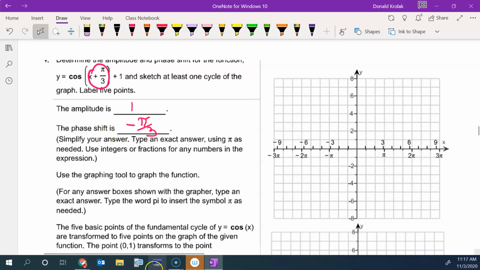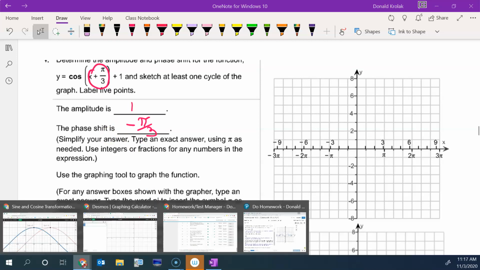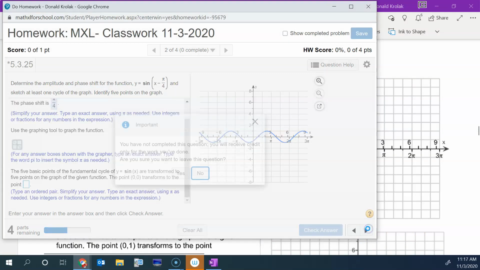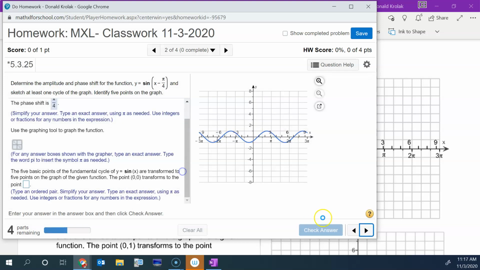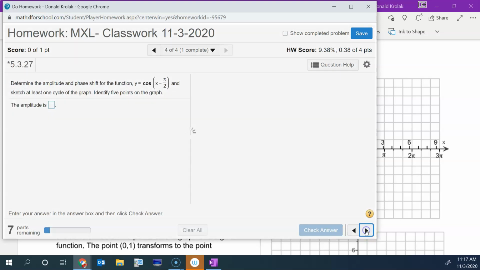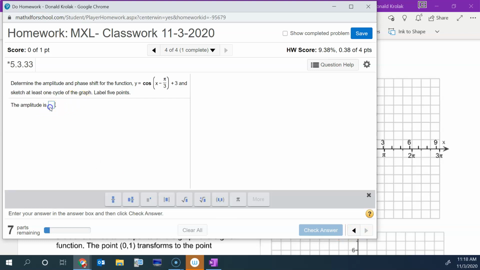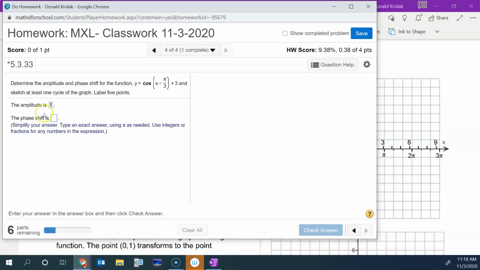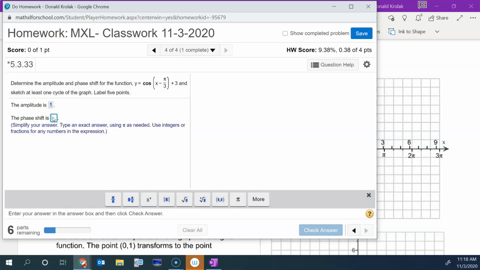Okay, so now you graph that. Question 4, amplitude. My phase shift pi over 3.